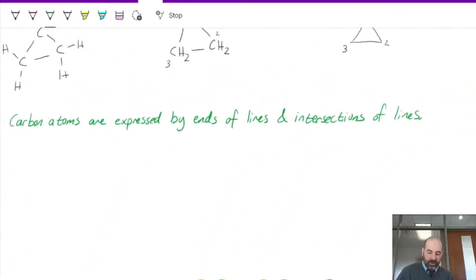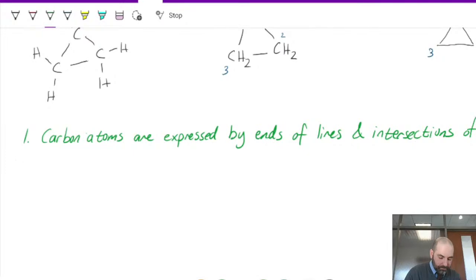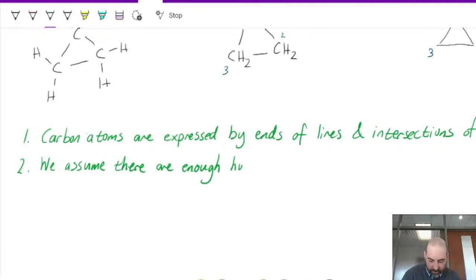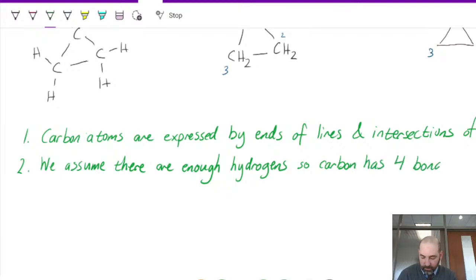So the second rule then is we assume there are enough hydrogens so that each carbon has 4 bonds total.